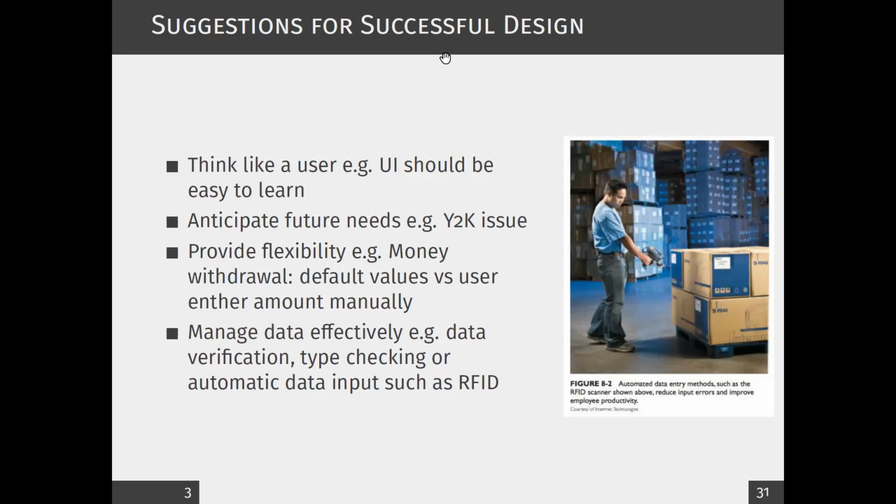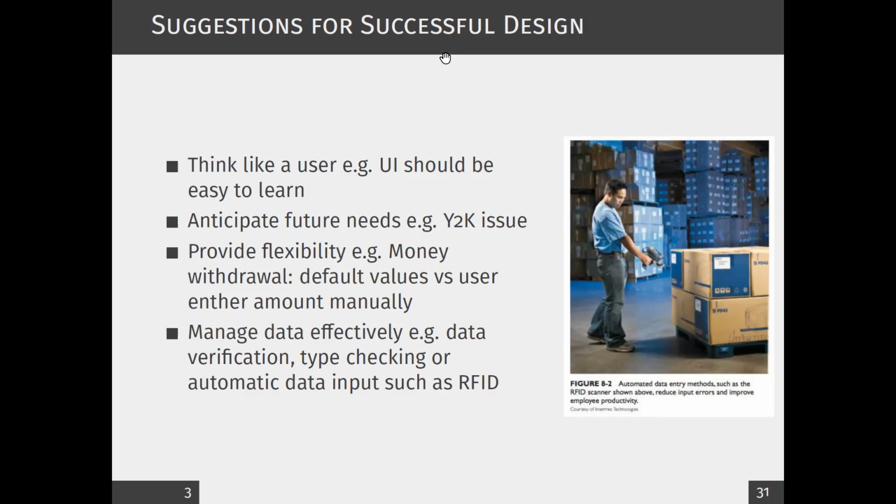Should provide flexibility. For example, now when you go to ATM machines, usually you are directed to money withdrawal, because that is what most people do. So providing the money withdrawal facility as a default is common sense, right? Because that's what you want to do.